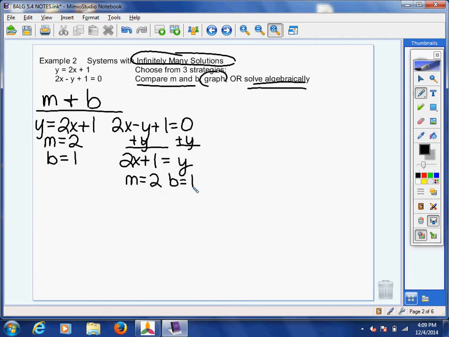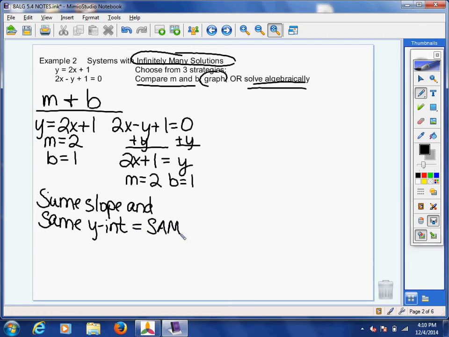Now, we want to compare the slopes. The slopes are the same. Both of them have a slope of 2. But they also have the same y-intercept of 1. So when you have the same slope and the same y-intercept, what you have here is the same line. Think about it. If you graph the line and then graph the same line on top of itself, they would touch at every single point.